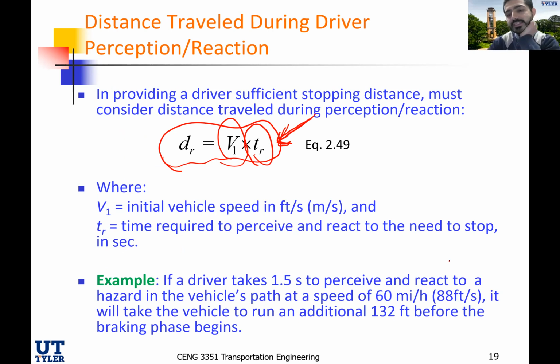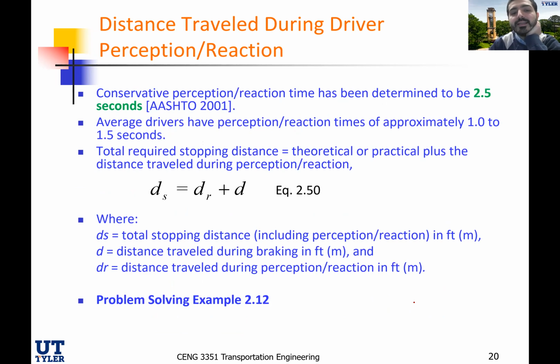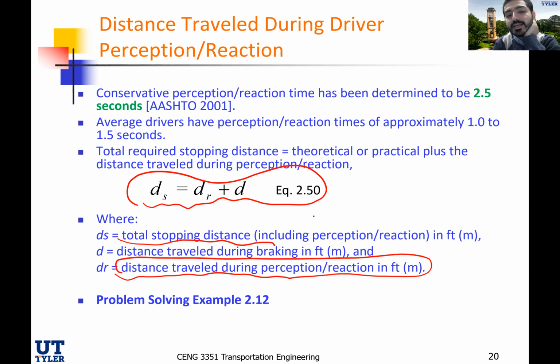We've gone through a little example here to show you what DR means. Even if it's just 1.5 seconds, you'll be driving 132 feet before you push on the brakes. And then, of course, the summation of the equation: ds is equal to the total stopping distance, which is the DR plus the d. The DR is the distance traveled during perception reaction time, plus the distance traveled during braking.